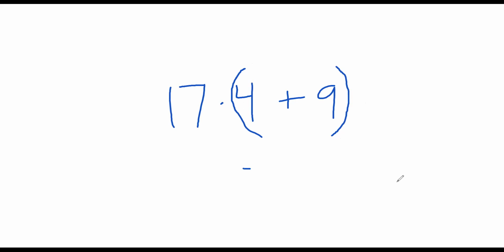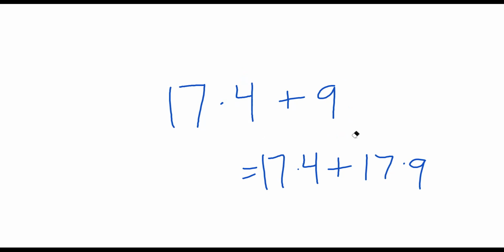Then I'm distributing the 17 to both the 4 and the 9. So just be careful that you know where the parentheses are. The parentheses basically tell you that everything in here gets that 17. Everybody gets a piece of 17. You drop the parentheses, and you just have that. You don't multiply the 17 to the 9 in that case.